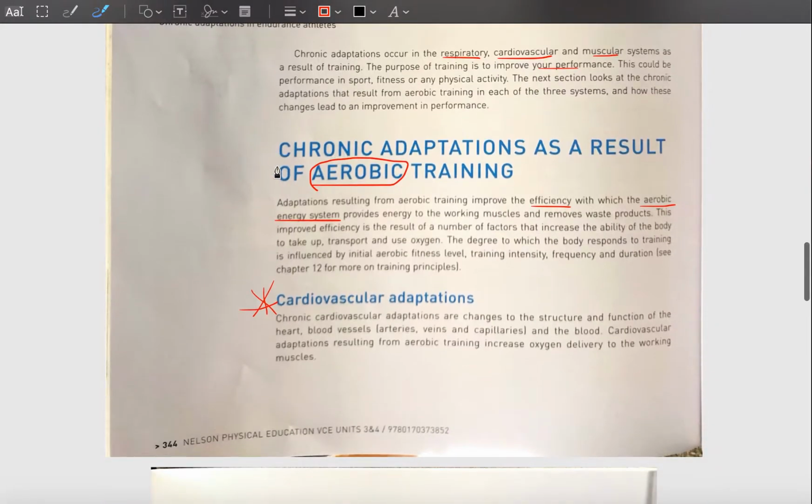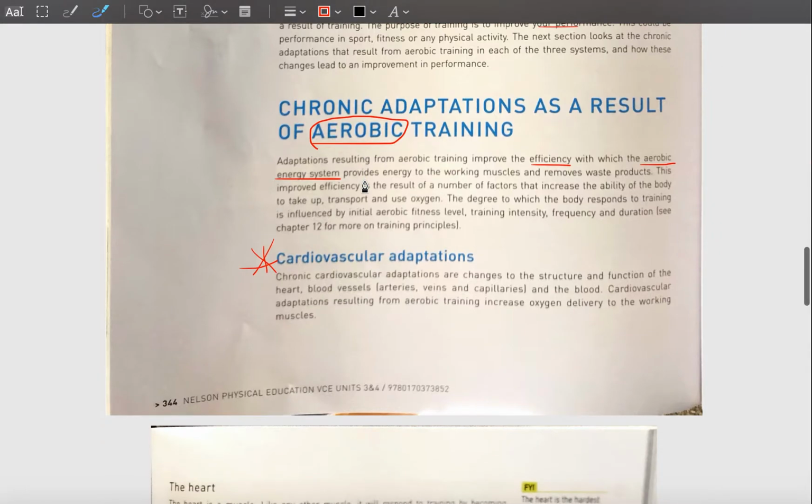So let's now look specifically at the long-term changes or chronic adaptations based off of aerobic training. And in summary, if we are training aerobically, then we are improving the efficiency of the aerobic energy system.